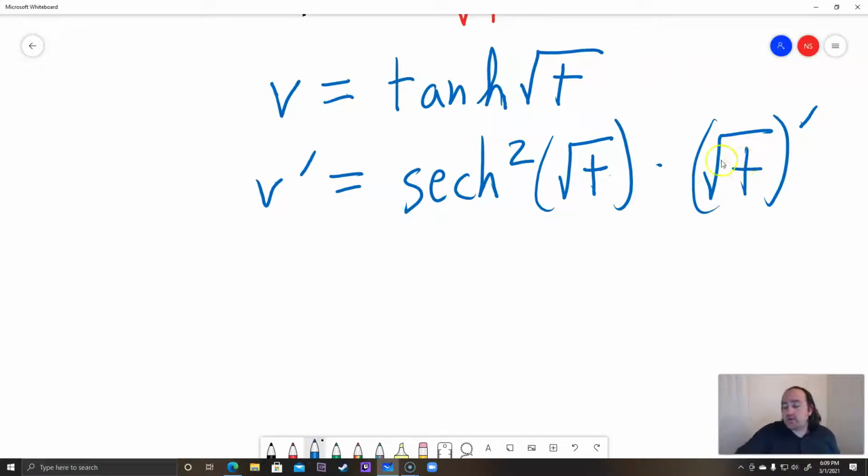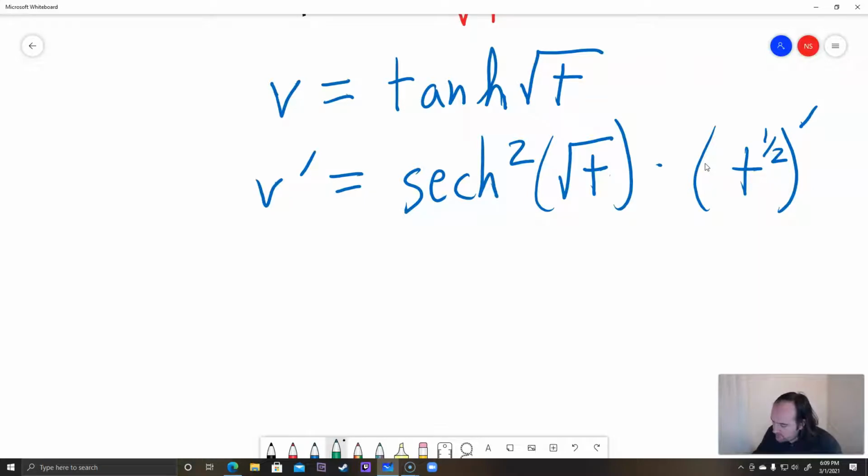Okay, so what is the derivative of root t? Well, once again, instead of writing it as root t, let's write it as t to the 1/2. So we're taking the derivative of t to the 1/2 using the power rule. So we go ahead and bring the 1/2 out front, and we decrease the exponent by 1. Okay, so that's going to be 1/2 t to the negative 1/2. And then if we move the t to the negative 1/2 to the denominator, it becomes t to the positive 1/2, which becomes square root of t.